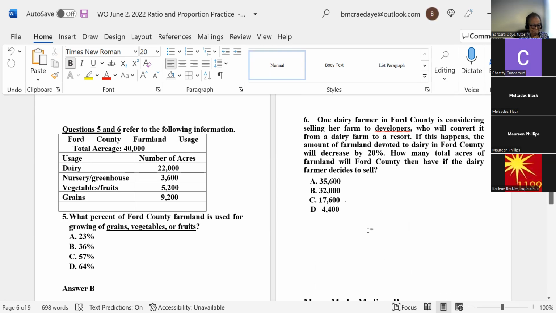The first step was what again? Let's think of a ratio. How could you set this up as a ratio to find how many acres that 20% would represent?